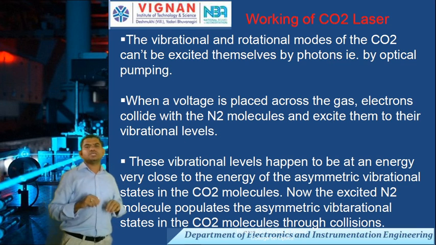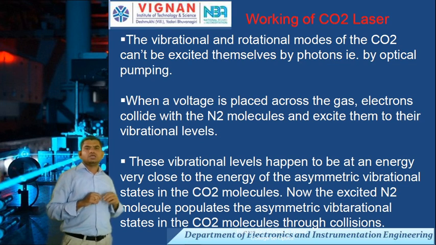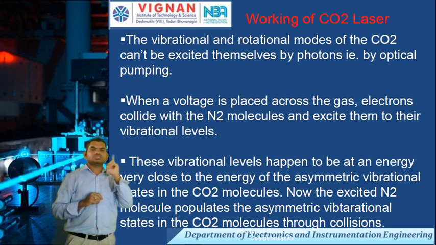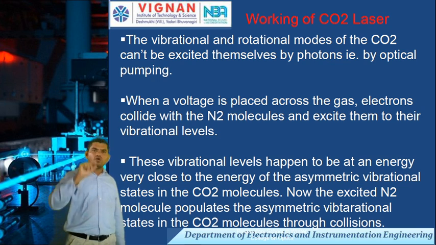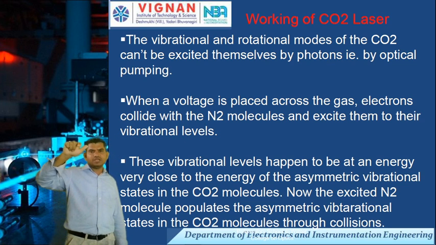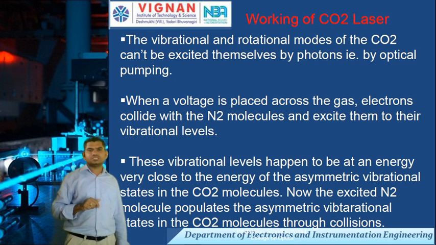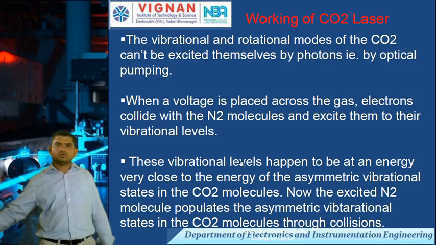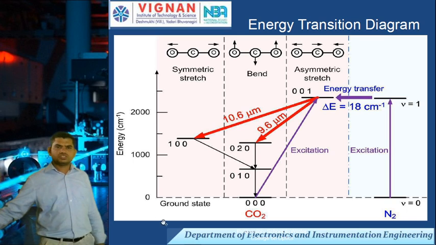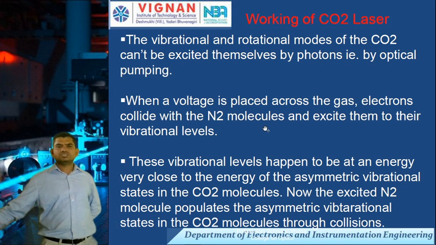These vibrational levels happen to be at an energy very close to the asymmetrical vibration state of the carbon dioxide molecule. First it reaches the asymmetric energy level. From there, the excited nitrogen molecules populate the asymmetric vibrational states in the carbon dioxide molecules through collision.